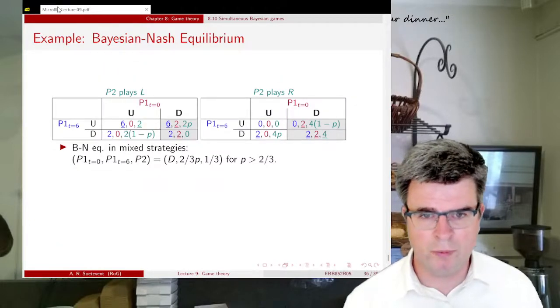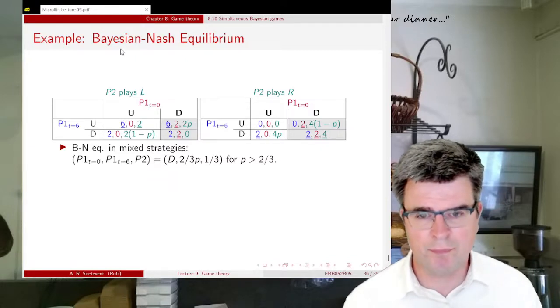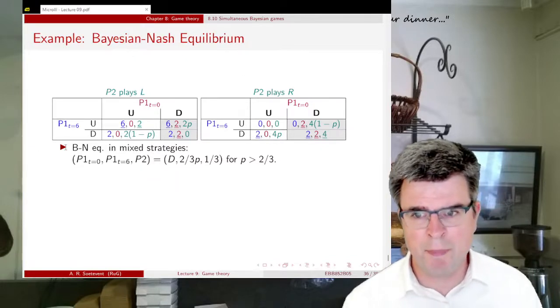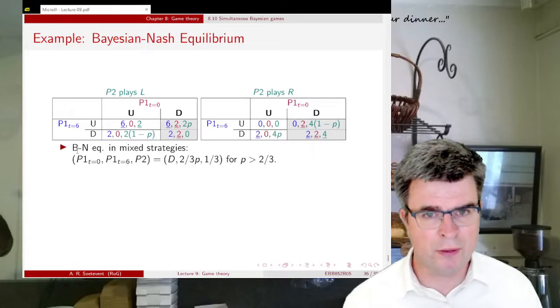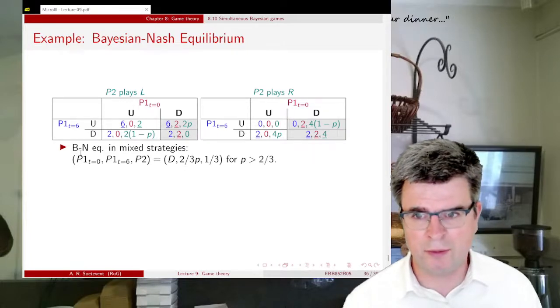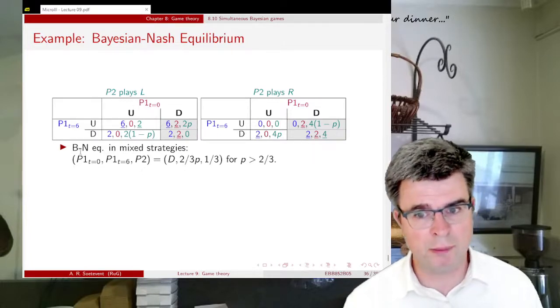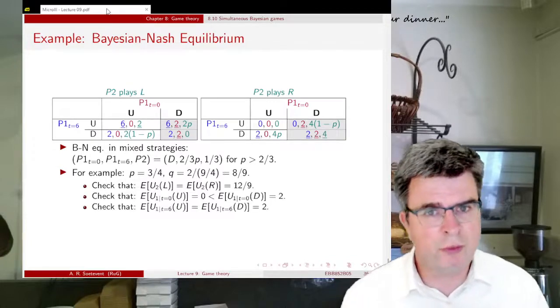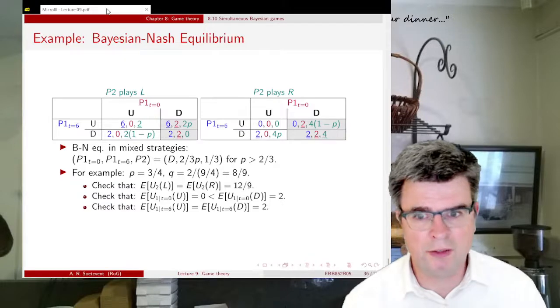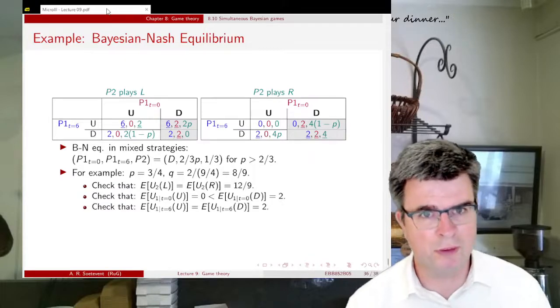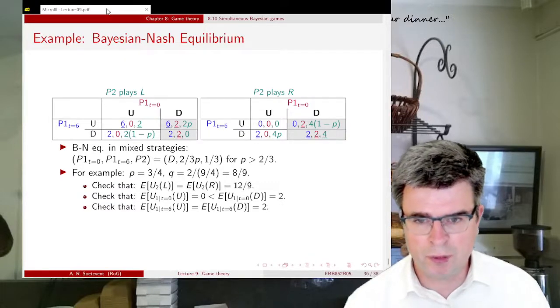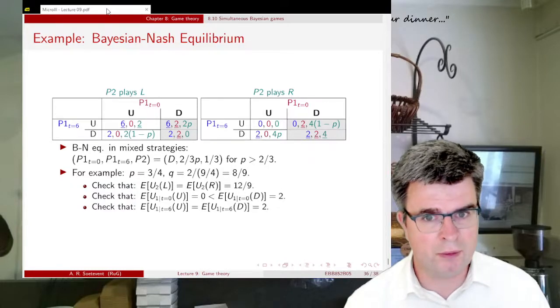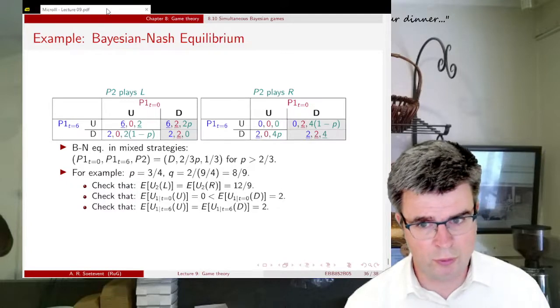We repeat the game over here, and we found in the previous slide that we have a Bayesian-Nash equilibrium in mixed strategies. Now we plug in a specific value. Take P is 3/4, which is larger than 2/3. For that value, probability Q is equal to 8/9.